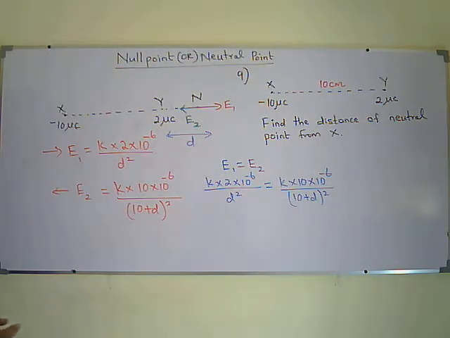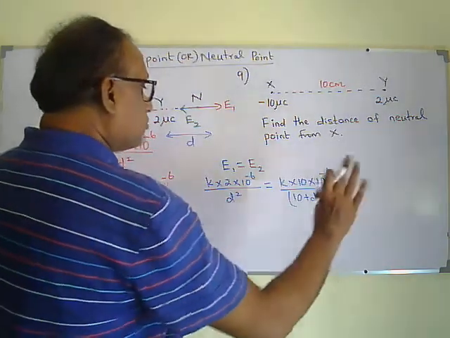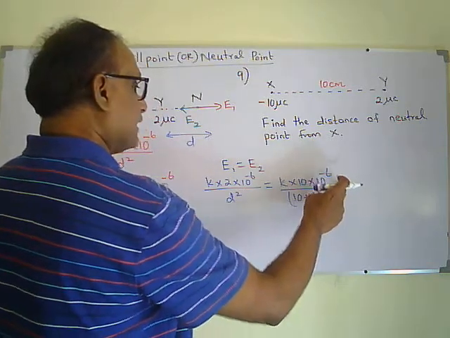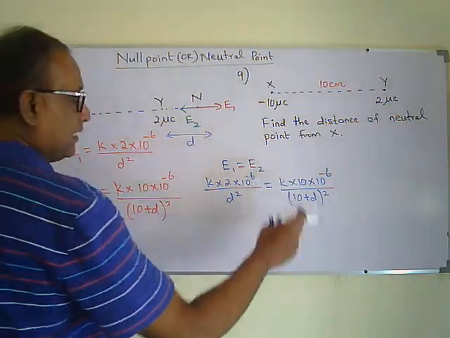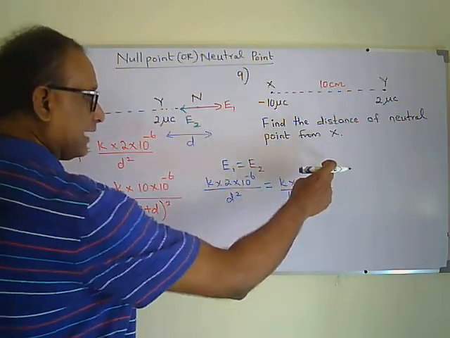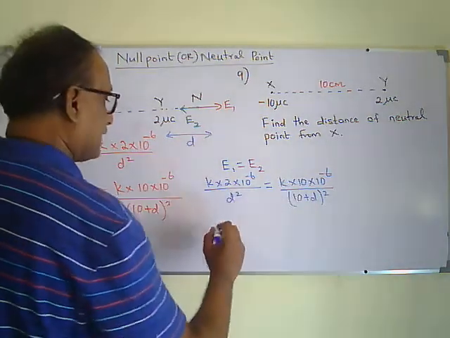No problem. We'll find the d. Then we'll add it with 10. Okay, so now solve it. So 10 to the power minus 6 and 10 to the power minus 6 will get cancelled. K and k will get cancelled. So 2 I can divide, this will become 5. Take it to the right side. So 2 will get cancelled.